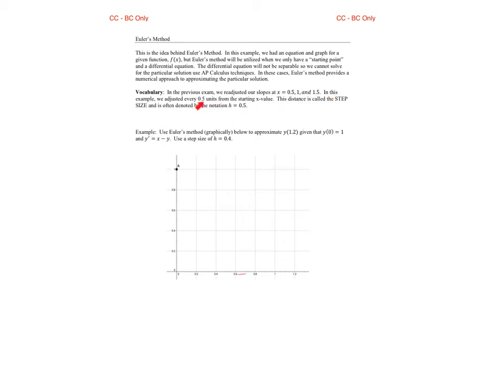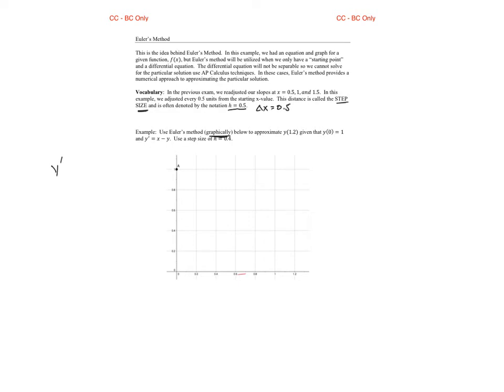They're telling us to adjust at every 0.5, and Mr. Brian Passwater, who created my document here, is saying that H is a very common notation, but I would even venture to say that delta X is a more common notation than the H. And that everybody does call it a step size, so you're going to see that notation a lot here. So there's a couple ways we can go ahead and do this. It just depends on what information you need, how accurate you want to be. They do say they want us to solve this graphically.